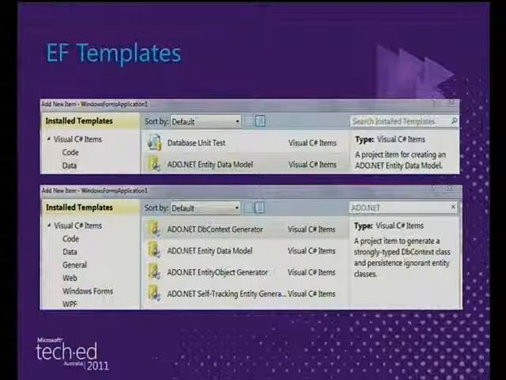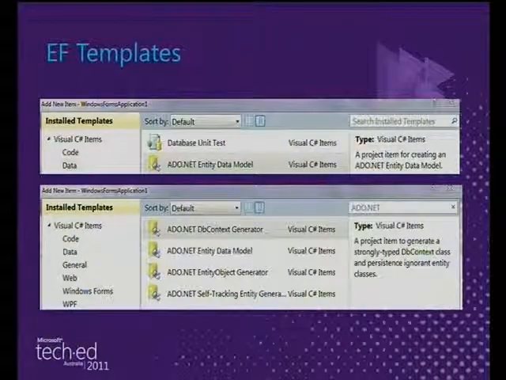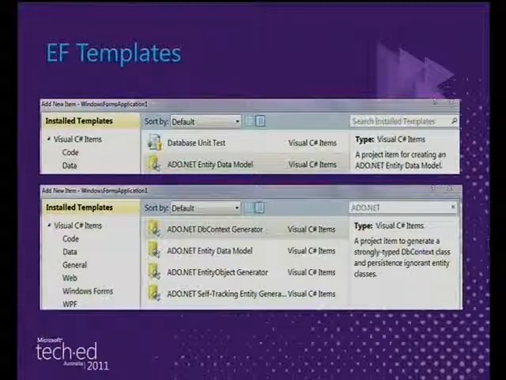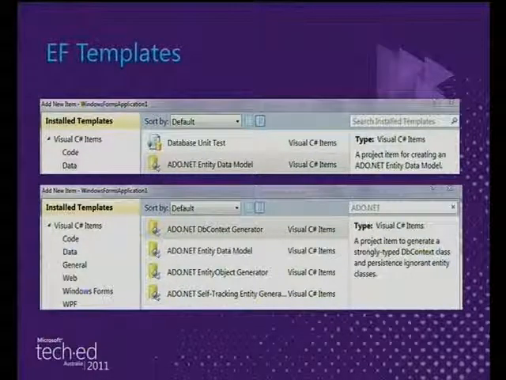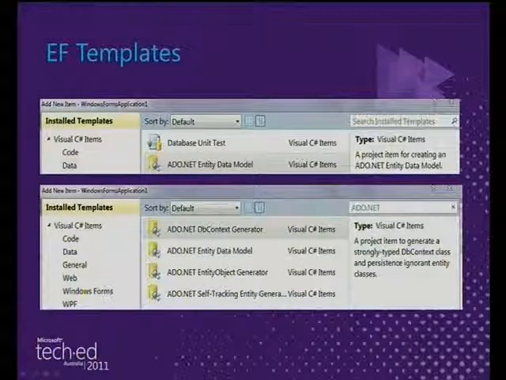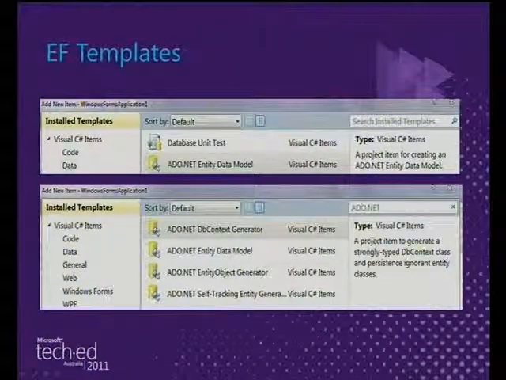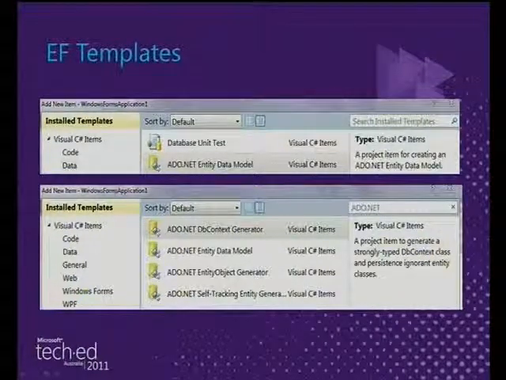The second thing you have is the type of object. The first object is ObjectContext, and the second object is DbContext. So you can see you have the entity data model on the top, and then you have DbContext on the bottom. Here's the deal, and I'll show you in code as well.